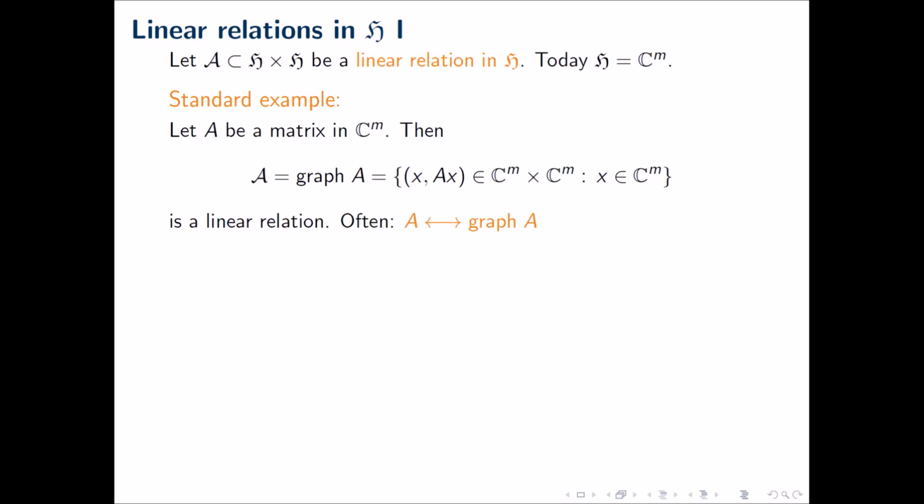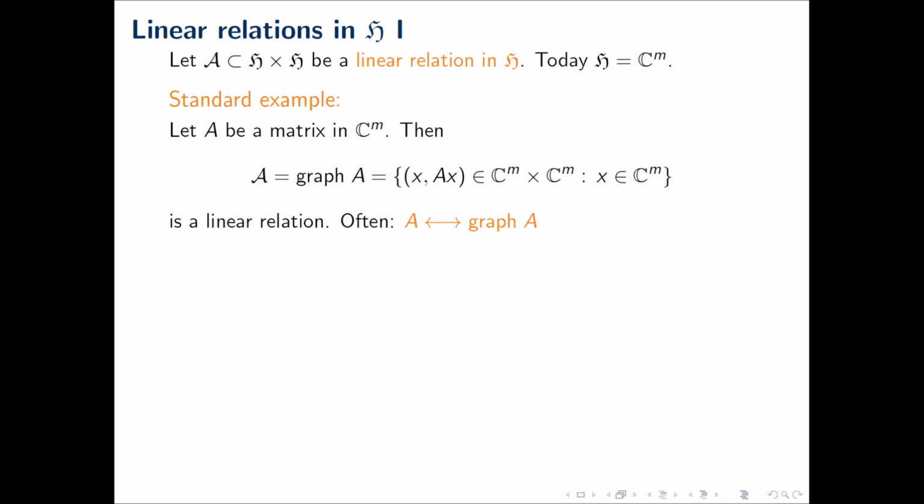And the standard subspace I have in mind is, of course, the graph of A. This is the prime example of a linear relation. It looks like this: the collection of all (x, Ax) is the graph of A, and this is obviously a linear relation. It's a subspace of this Cartesian product, done.